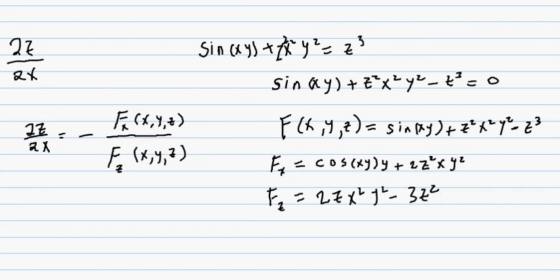So now, in order to find the partial of z in respect to x, using this thing that we derived in class, it is going to be equal to negative the partial of f in respect to x. Well, it's right here. Please check it.